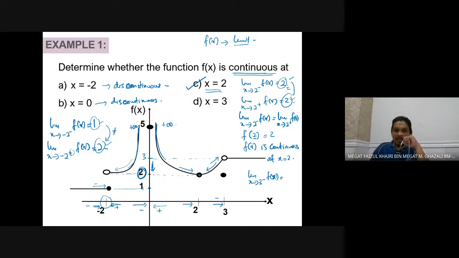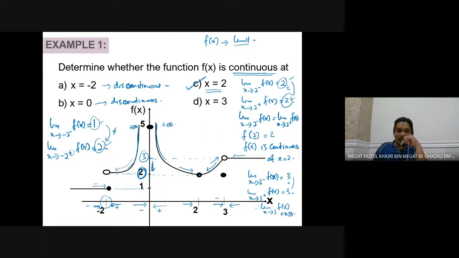So the limit as x approaches 3 from the left equals 3. The limit as x approaches 3 from the right also approaches one value of y, which is equal to 3. The limit from the left and the limit from the right exist, and both are equal to 3. Then the limit as x approaches 3 of the function f(x) exists.